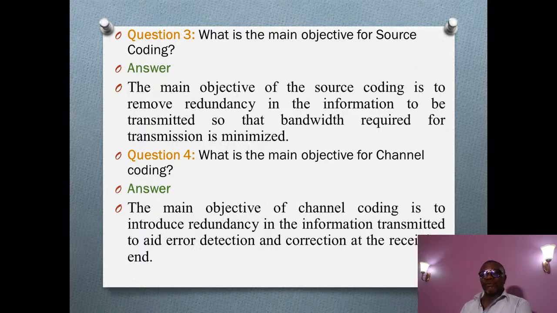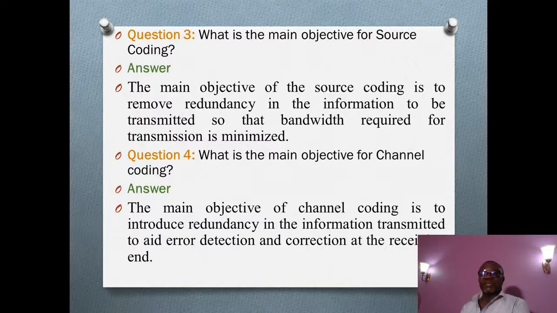Knowing fully well that if you send all of them, they will occupy channel bandwidth, the source coding tries to remove them. For instance, if you want to send bulk information and you zip it, by that zipping, you are removing redundant bits. Your receiver will have the knowledge of it and try to replace those bits you have removed.